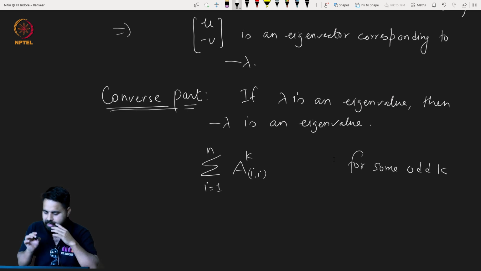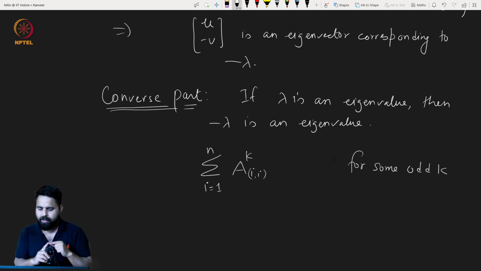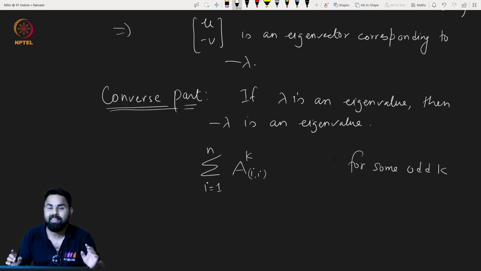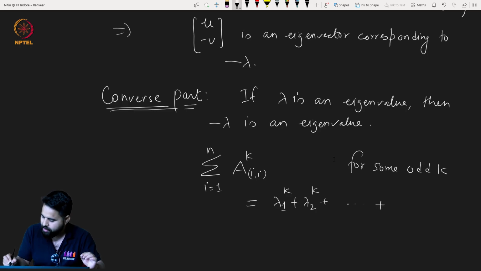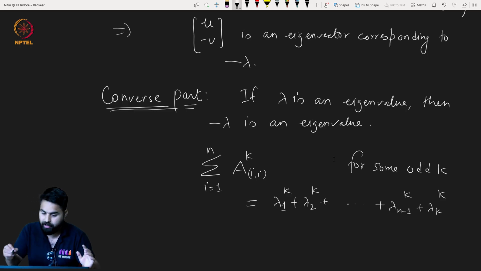What will it give? This is giving you the total number of closed walks of length k. And we have seen due to the spectral theorem, this is coming out to be lambda 1 to the k plus lambda 2 to the k, and so on up to lambda n to the k.